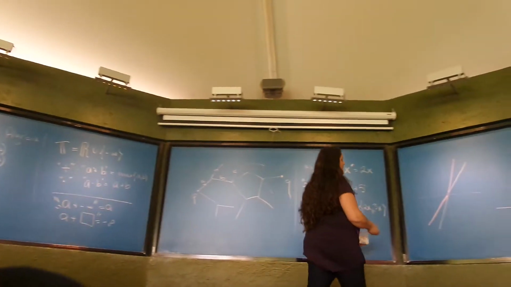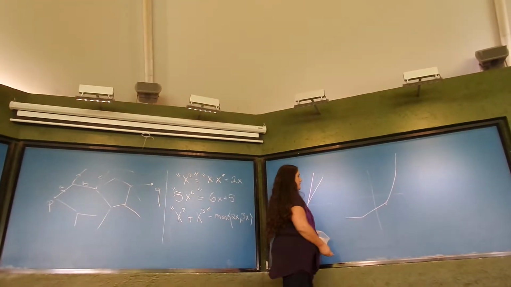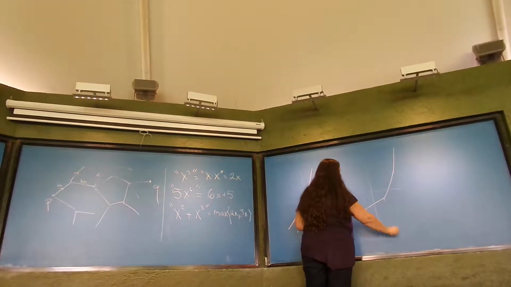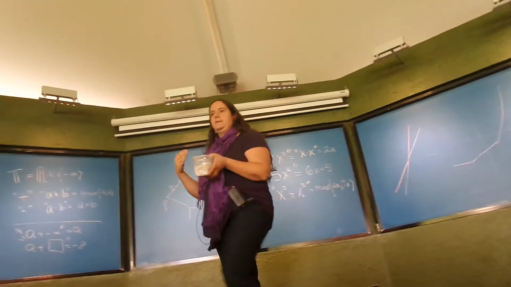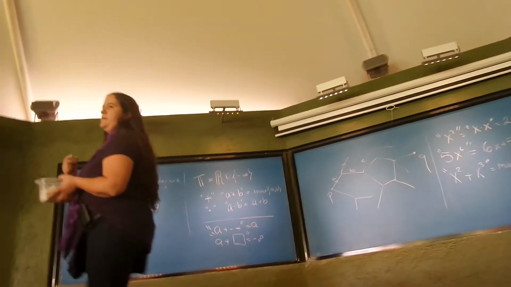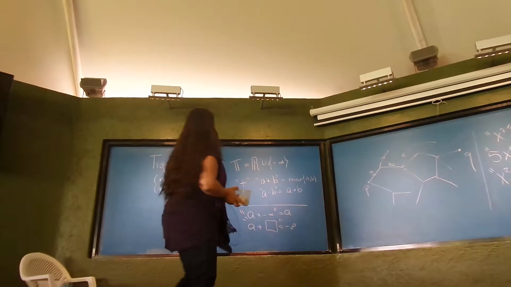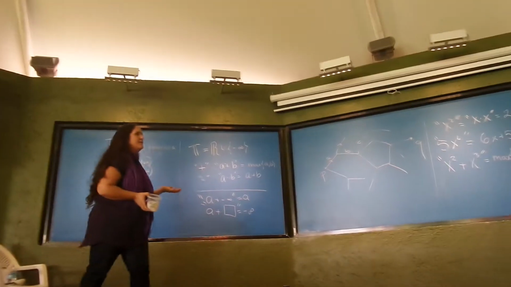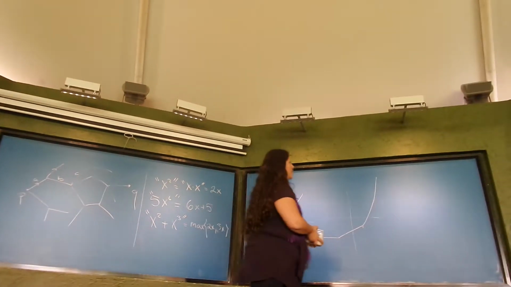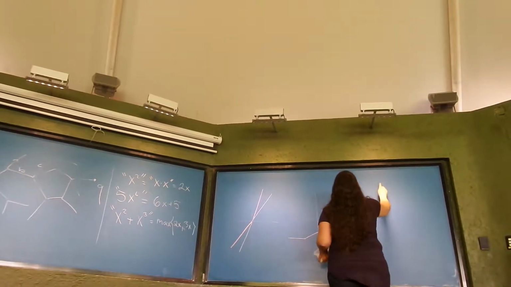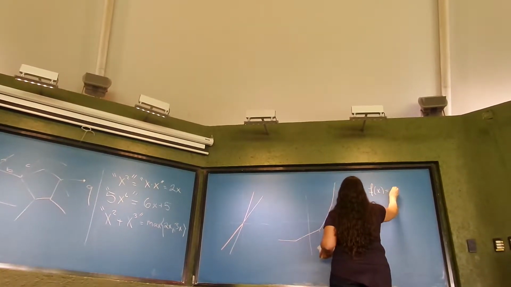Then we have this graph, and we need the definition of roots. In this case, the roots will be the points where this graph breaks, the points where the function is not linear. And why is this? The classical definition of a root is a point where the polynomial is 0. In classical, we say that x0 is a root if f(x0) is equal to 0.